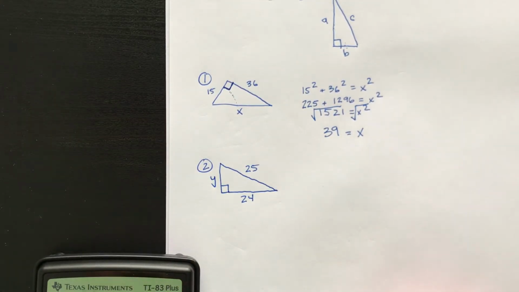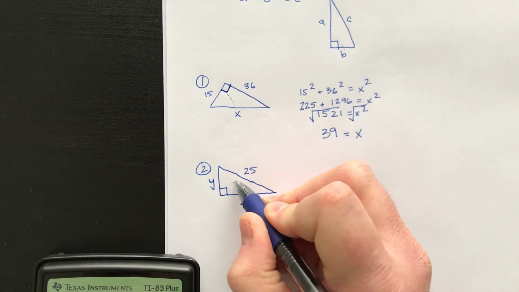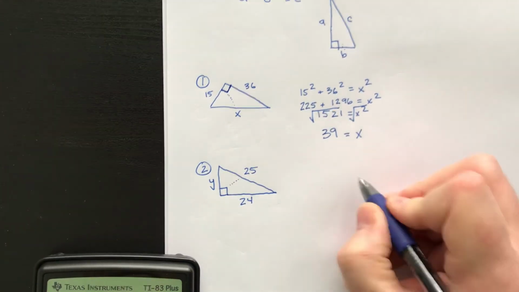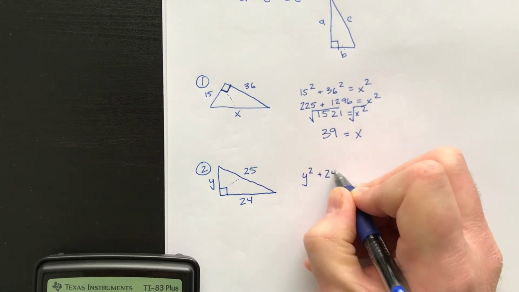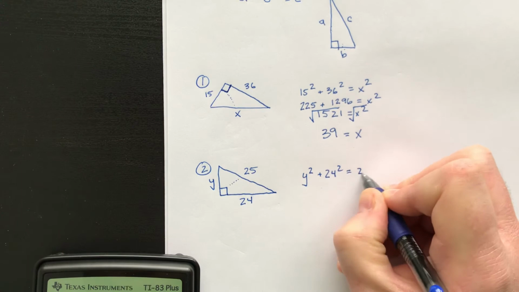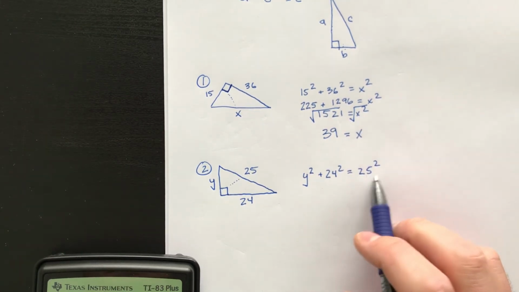Once again, the first question you ask yourself: what is my hypotenuse? What is the c? Well, here's my arrowhead. My arrowhead is pointing to the 25. So y squared plus 24 squared is equal to 25 squared. The 25 has to be over here because that's the c.